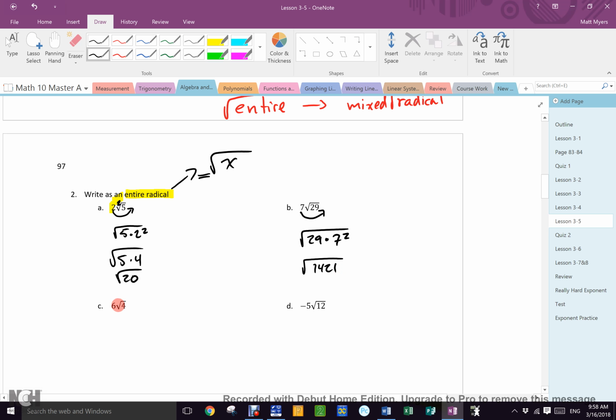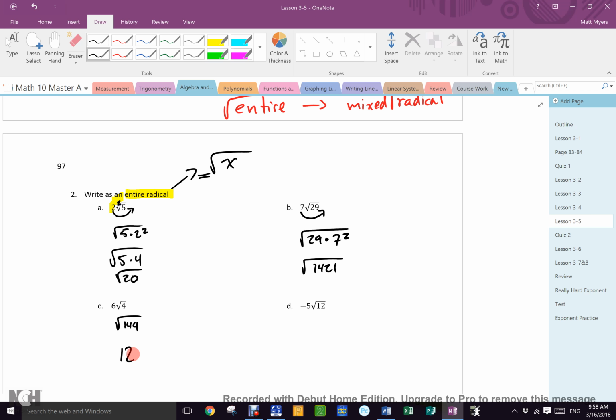So what's this one going to be? This one's tricky. It would be the square root of 144 as an entire radical, right? That's one thing we're doing. Now, because I asked for an entire radical, would you ever write that as 12, if I ask the question this way? No. Right?